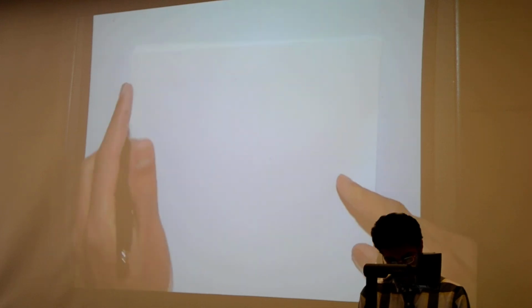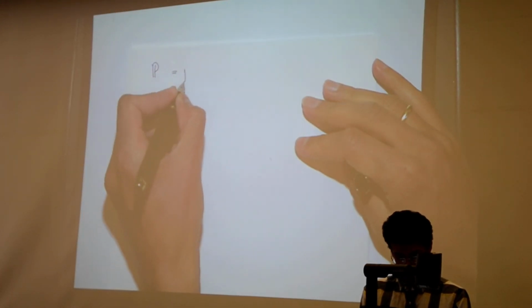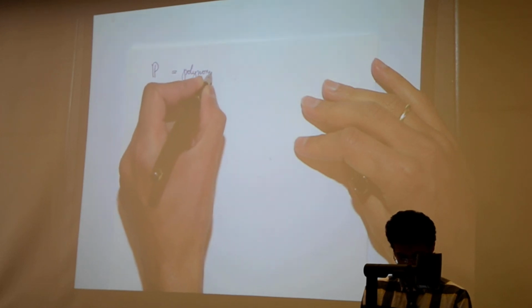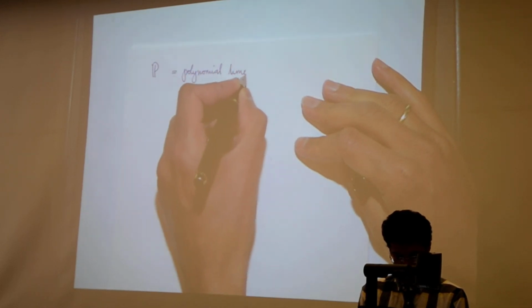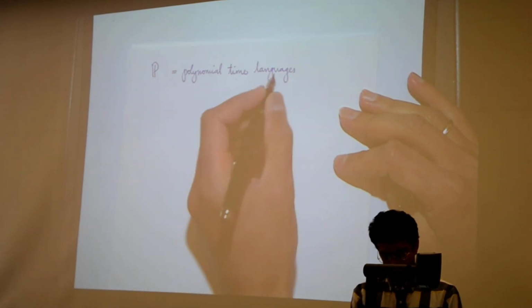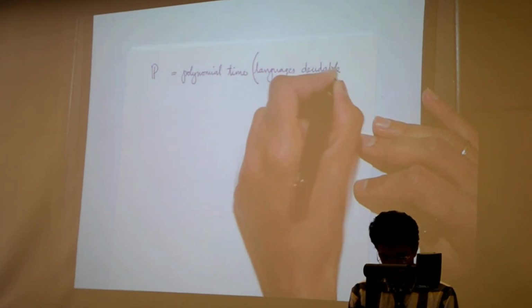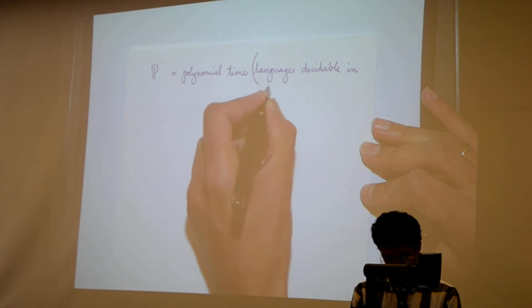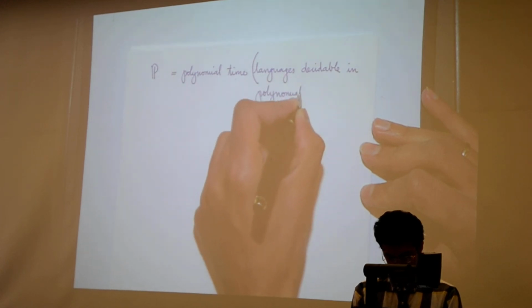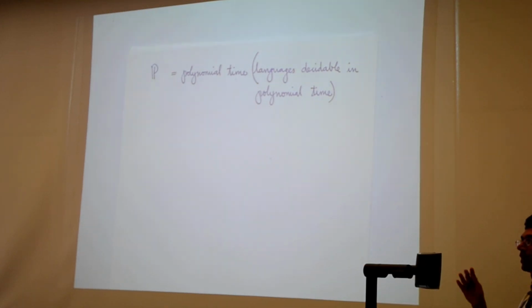So let me just write down the classes that you've seen so far. So firstly, you have P, which is polynomial time languages, or technically languages decidable in polynomial time. Right? This is where everything starts.